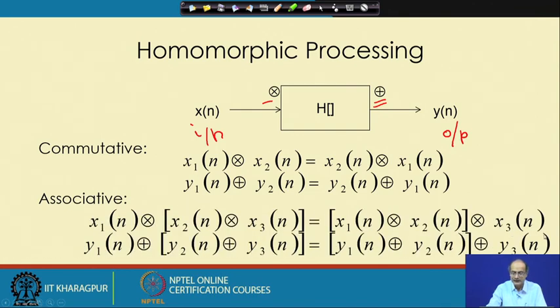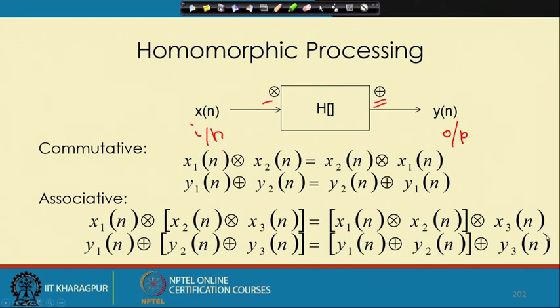Next, they have to be associative. Associative means that the order in which the operators are used to combine the items, if it is changed, does not change the ultimate result.